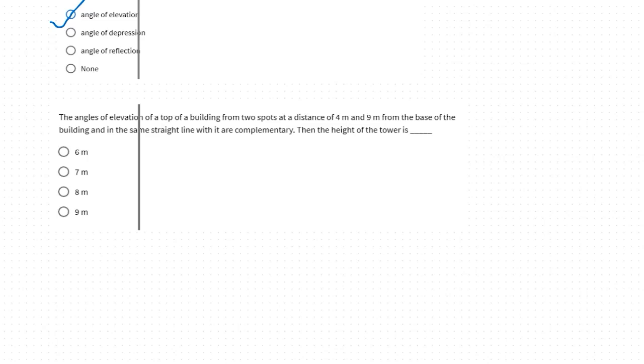So it will be like this. The building is right here, with points A, B, C.